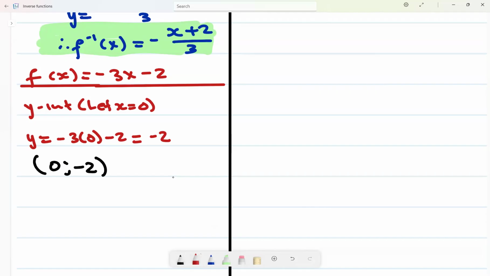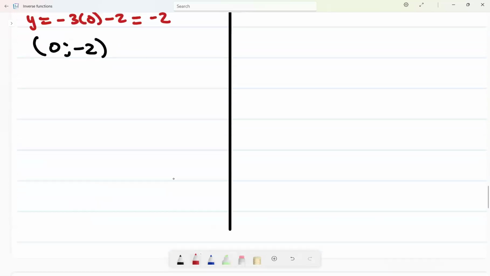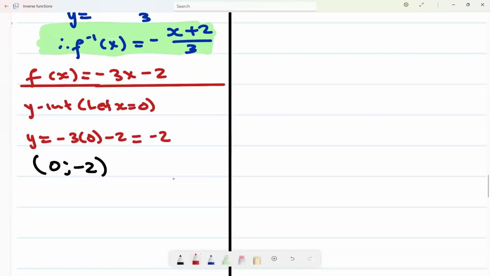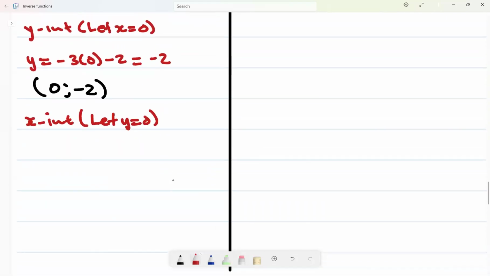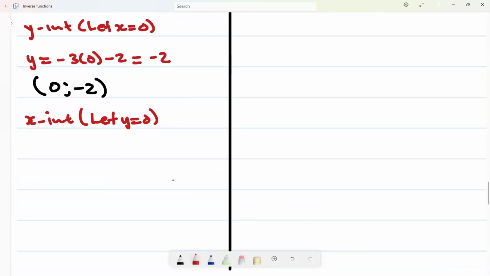Let us find now the x-intercept. The x-intercept will be letting y equal to 0. So 0 is equal to negative 3x minus 2, and I'm trying to solve for x.